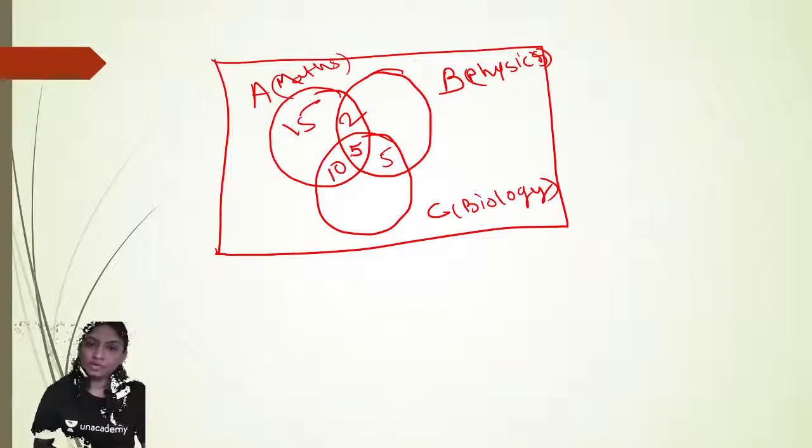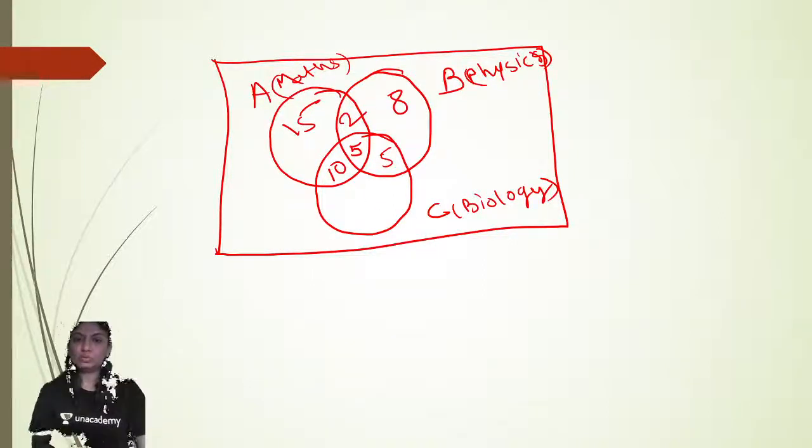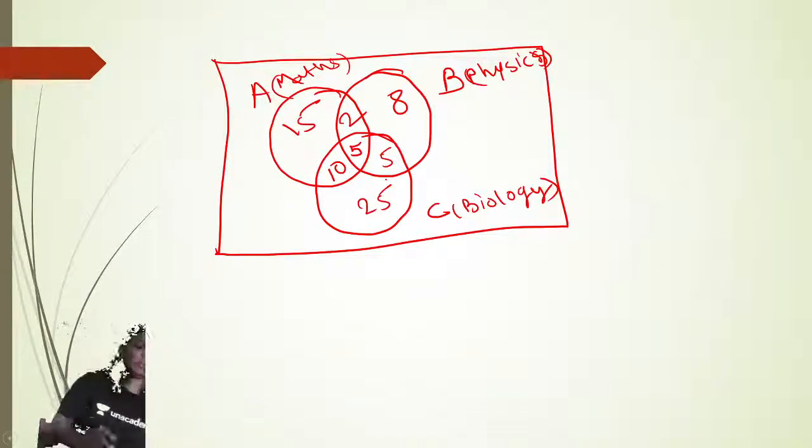So 5 plus 5, 10, plus 2 already counted, so 12. And 20 minus 12, so 8. Here the number of students who study biology are given 45. So already 20 are counted, so 25. Now with the help of this diagram, you can find out any number of questions.